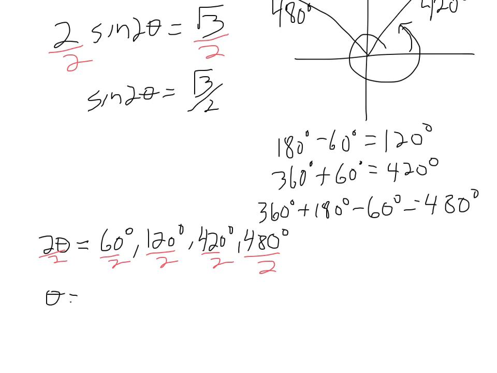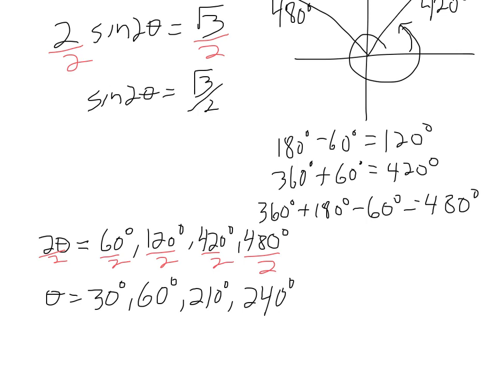So theta equals 30 degrees, 60 degrees, 210 degrees, and 240 degrees. All four of these answers are within 0 to 360 degrees. Previously, all of these answers were outside of one time around the circle, but we hadn't solved for theta yet. We had 2 theta. So when we divide by 2, all of a sudden it scales all of these to the appropriate domain, 0 to 360. I found that this is the most efficient way to solve these.